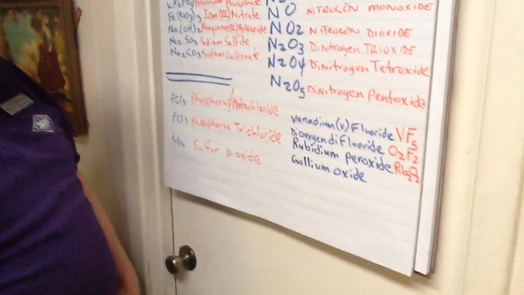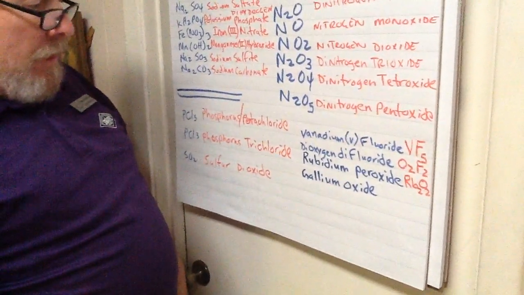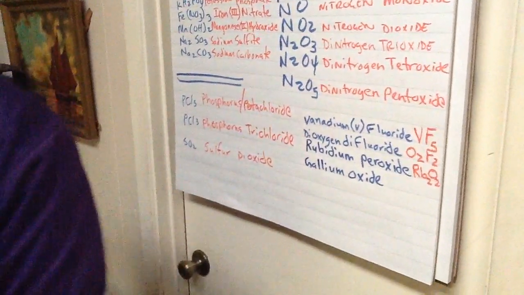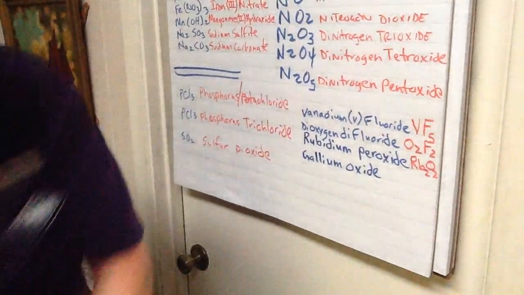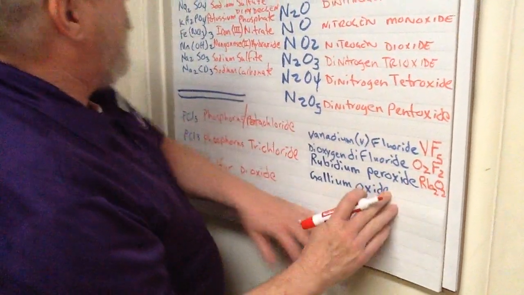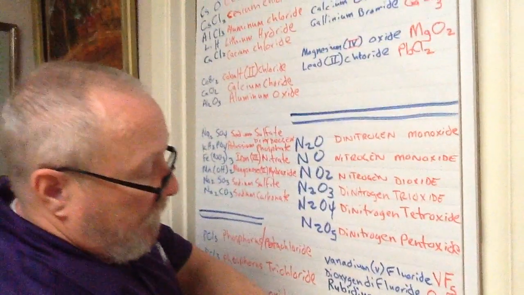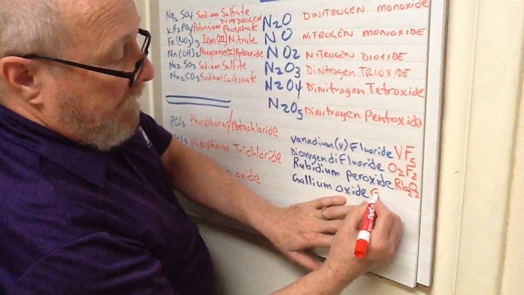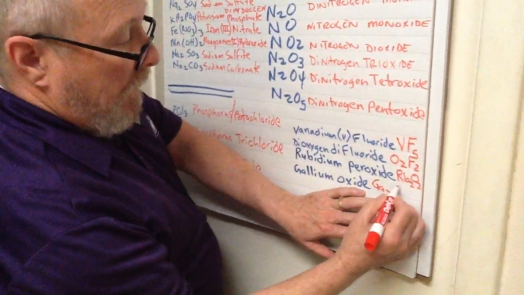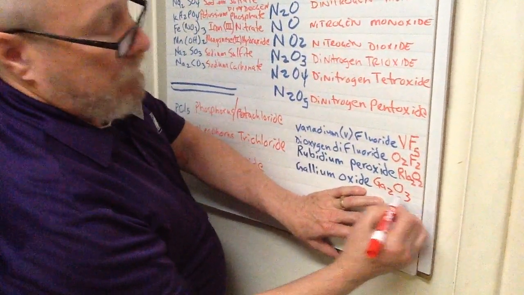And then gallium oxide. Gallium, I don't have my periodic table with me, but it's a +3 charge. Oxygen's always a -2, so I have the same problem with aluminum oxide. I need gallium. I need 2 of those and 3 oxygens. And just follow the rules.